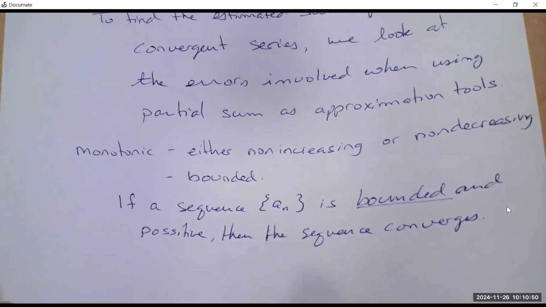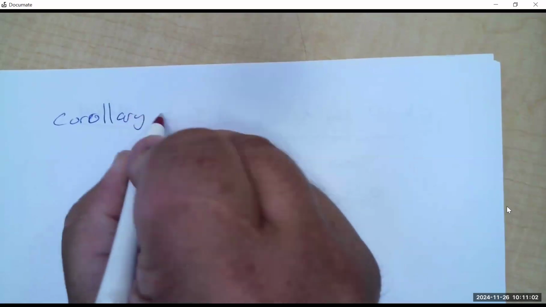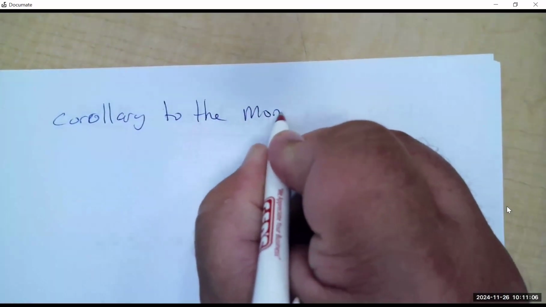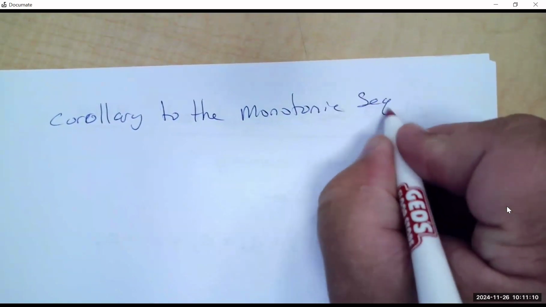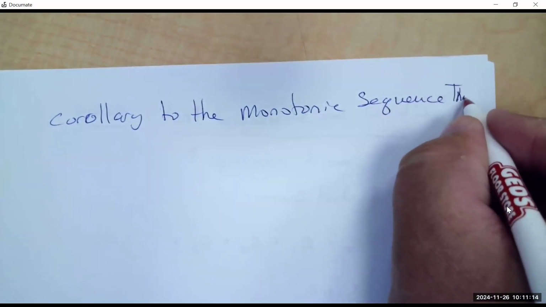So there's a corollary to the monotonic sequence theorem.